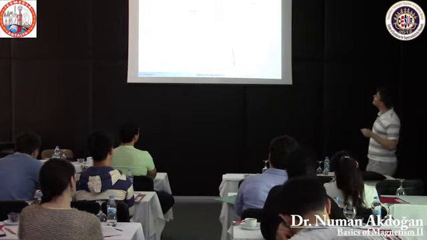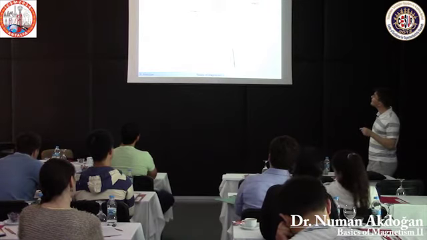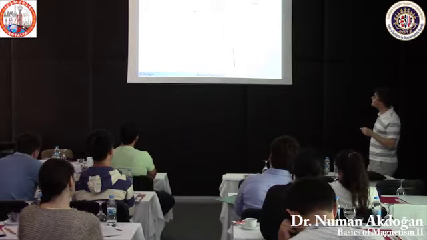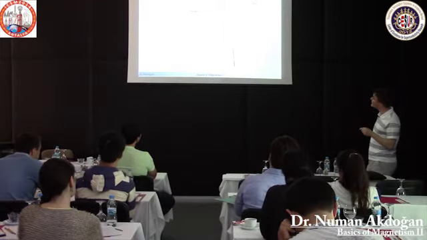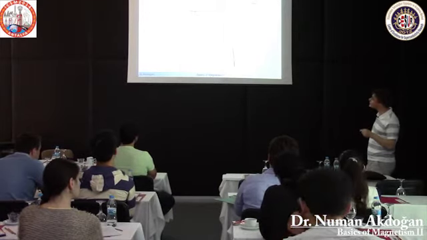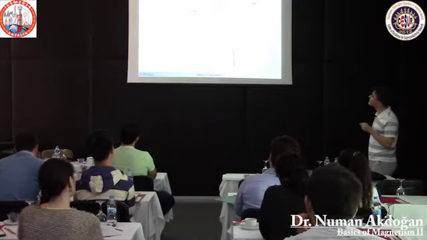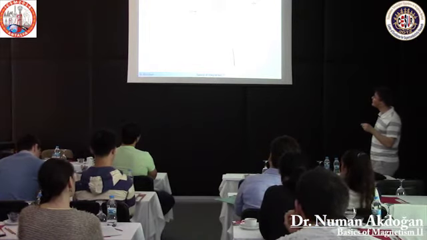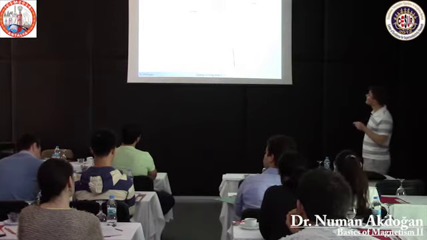Here, this is the behavior of mass magnetization divided by mass magnetization at 0 Kelvin. This is also called normalized magnetization. This is the normalized temperature. Temperature normalized by the Curie temperature, and it contains a J value.